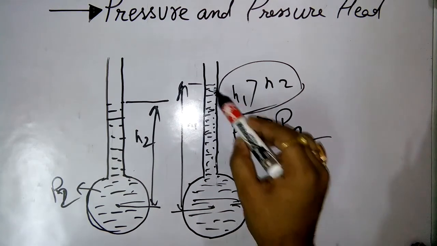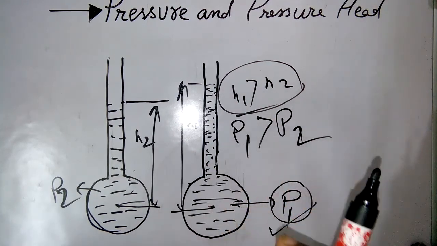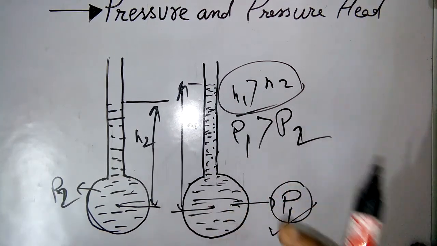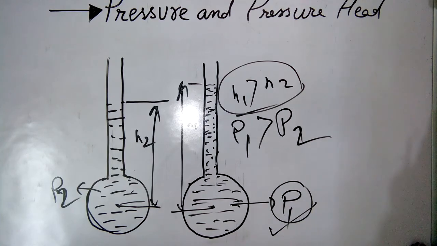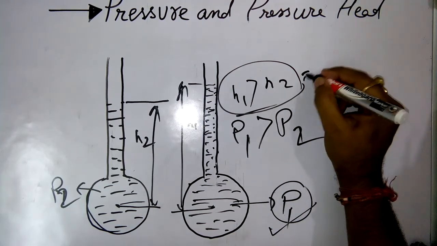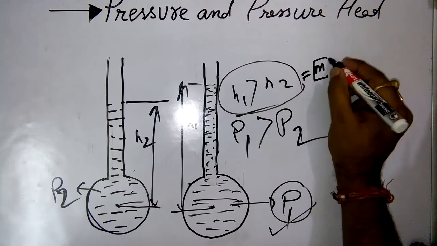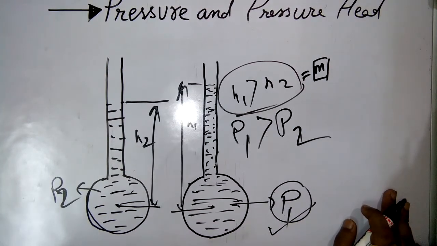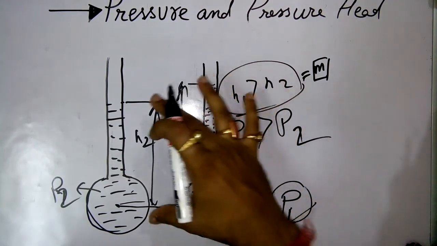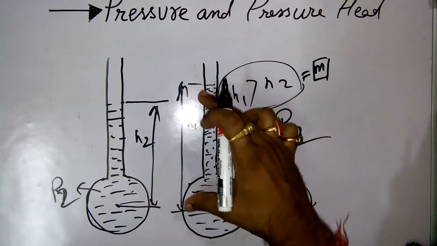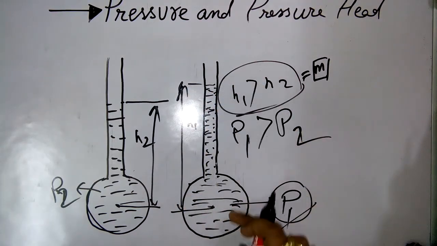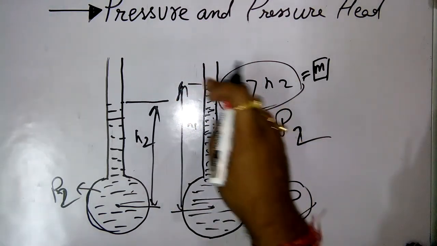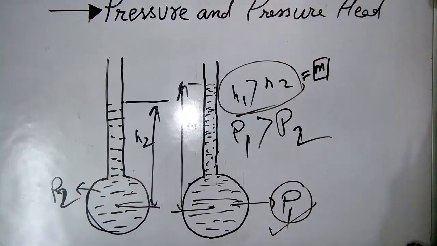Now what are this H1 and H2? These are your pressure heads. And this value will be in meters in SI unit, because H1 and H2 are nothing but the distance by which this fluid has risen up in the tube. This H1 and H2 is known as pressure head.